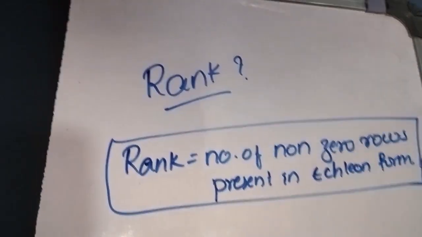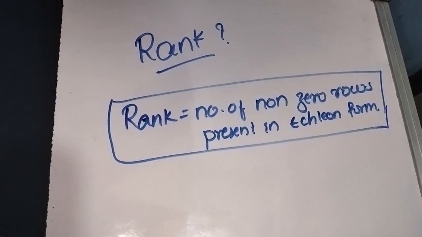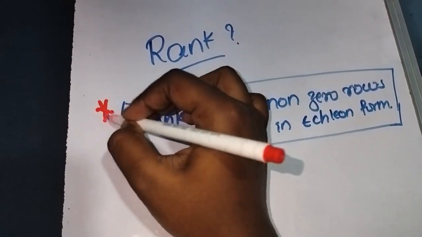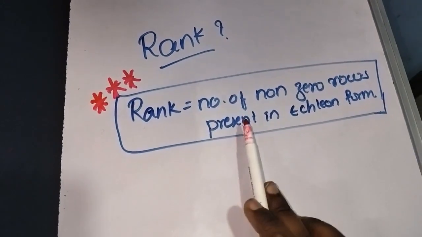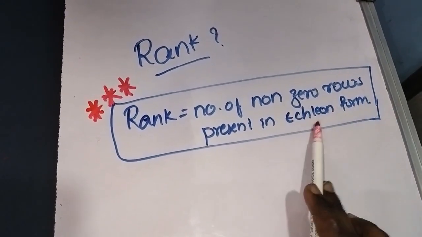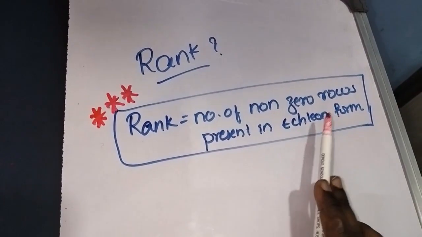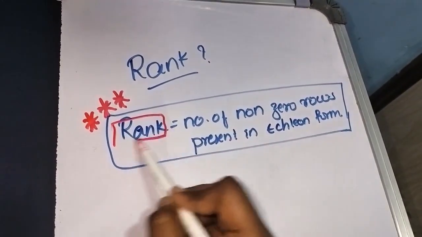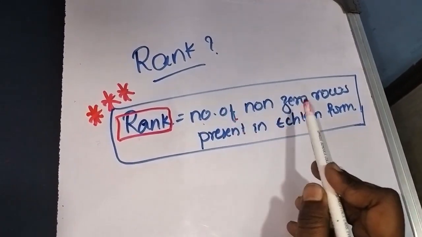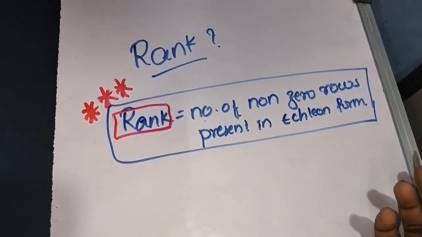This is a very, very important point to be noted, which helps in finding the rank of a matrix. Presently we are using the echelon form of a matrix, so in the echelon form the rank can be found by counting the number of non-zero rows present.